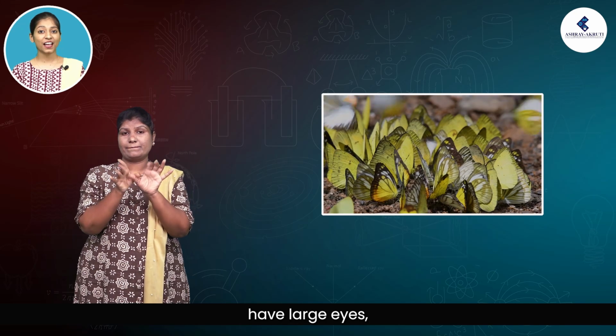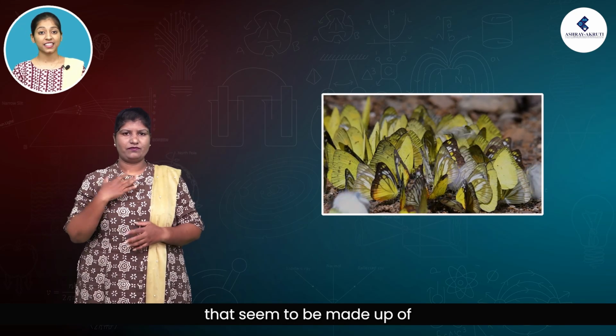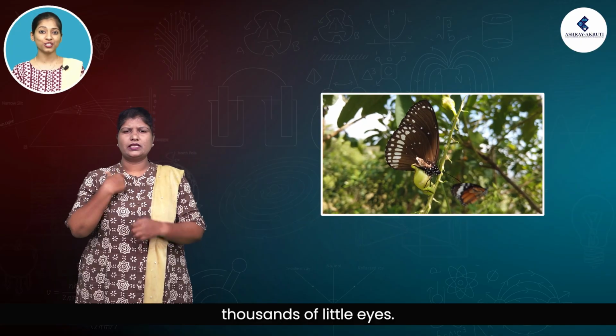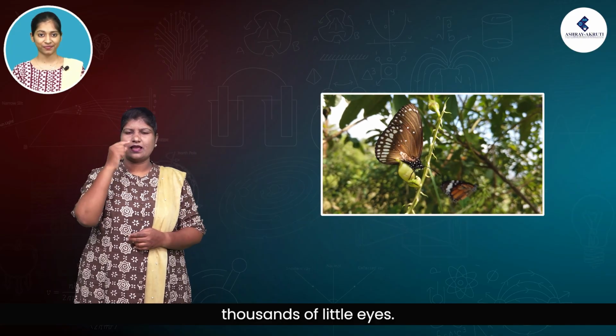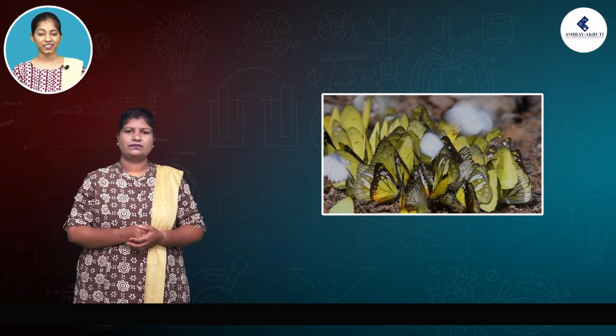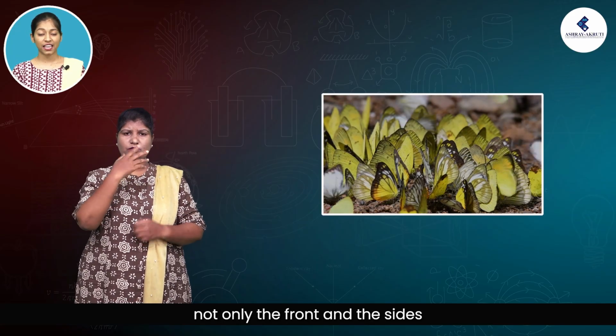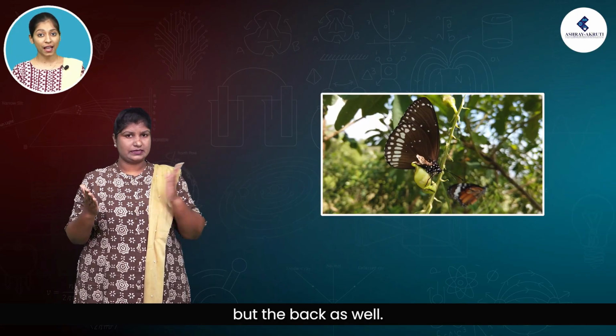Butterflies have large eyes that seem to be made up of thousands of little eyes. They can see not only the front and the sides, but the back as well.